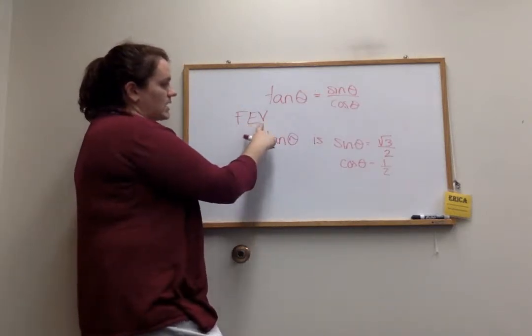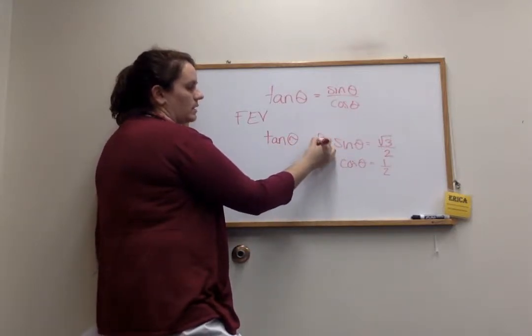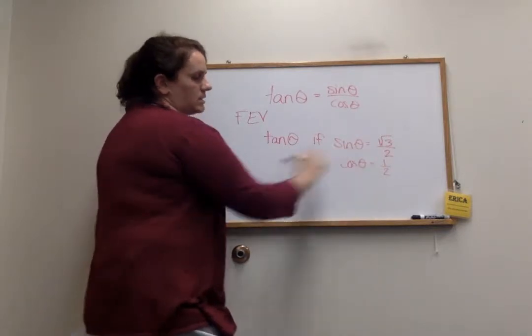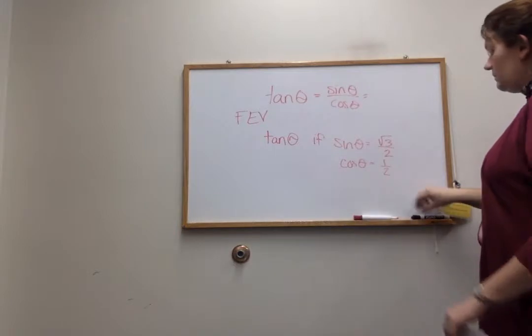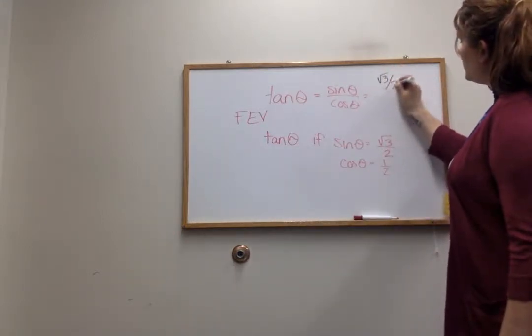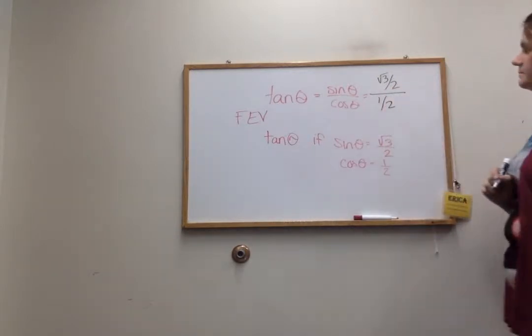So find the exact value of tangent if the sine is equal to this and the cosine is equal to that. Okay, so we'd have the sine is equal to radical 3 over 2, and the cosine is equal to 1/2.